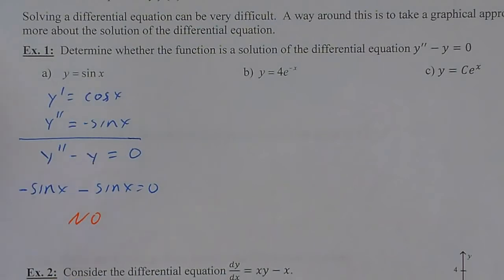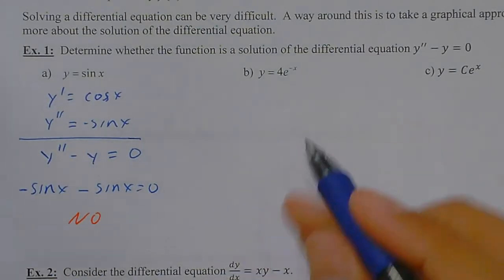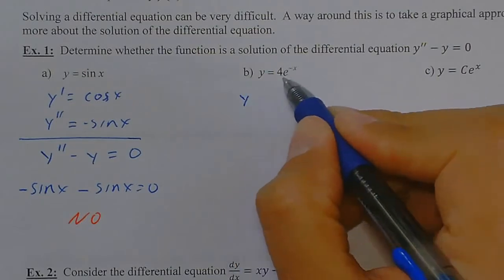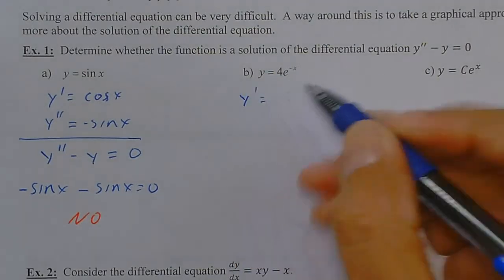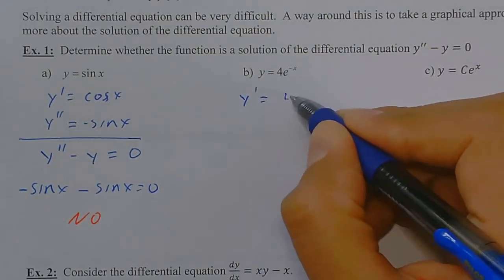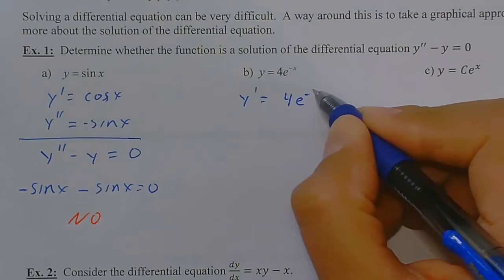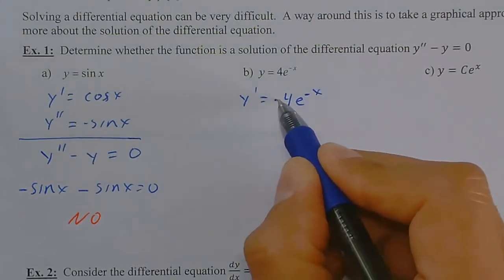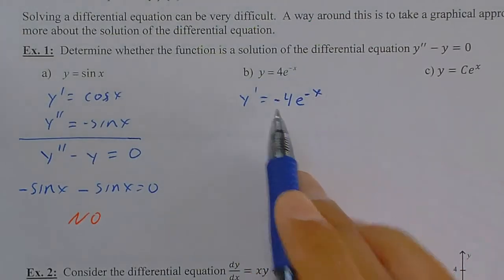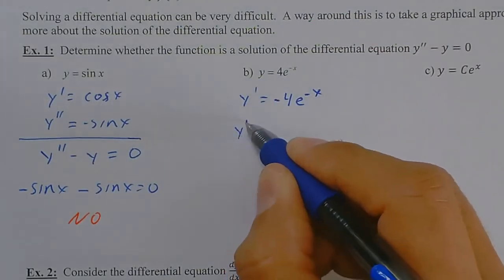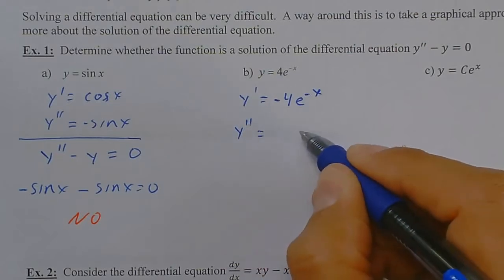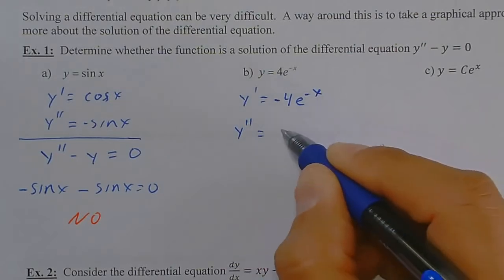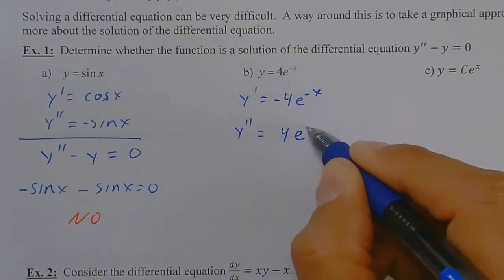And then we could check B and we could check C. On B, given y equal to 4e to the negative x, my derivative would be 4e to the negative x times a negative, make sure we include the chain rule, which means that our second derivative would be another chain rule is going to happen there to make that a positive 4e to the negative x.